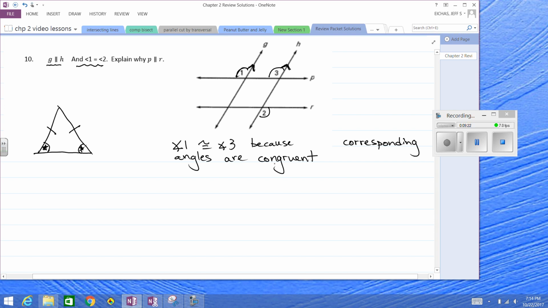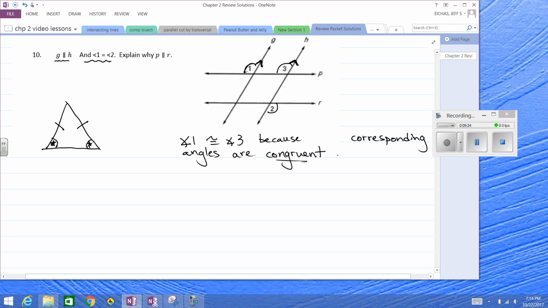That's the symbol for congruent, so I'm saying that word. So that's what this looks like right here. That's just getting me 1 is the same as 3.